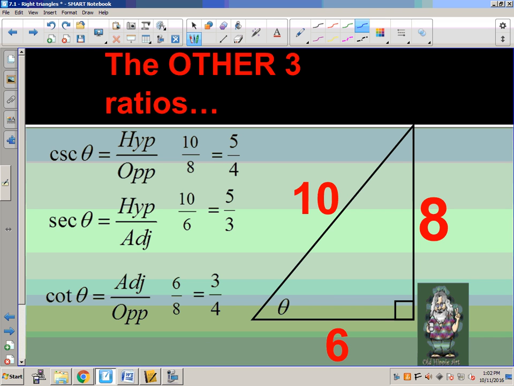All right, let's look at an example. It's the same triangle that we dealt with before. So in this case, if we were doing cosecant, it would be hypotenuse over opposite, 10 over 8, 5 over 4. Secant's hypotenuse over adjacent, which reduces to 5 over 3.